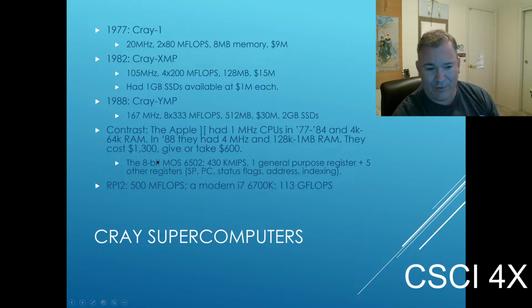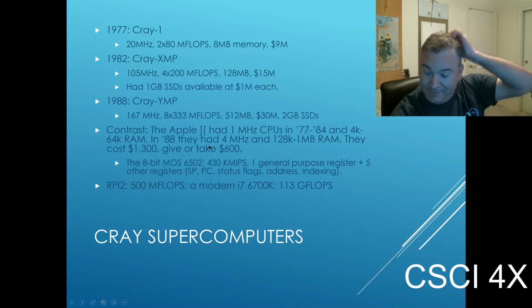So the Apple II had the MOS 6502, a classic CPU. This was what was used in the NES, the original Nintendo Entertainment System. There's a whole story about MOS that maybe I'll tell at some point. Pretty cool stuff. It had one general purpose register and 5 other registers for the stack pointer and the program counter and stuff like that.